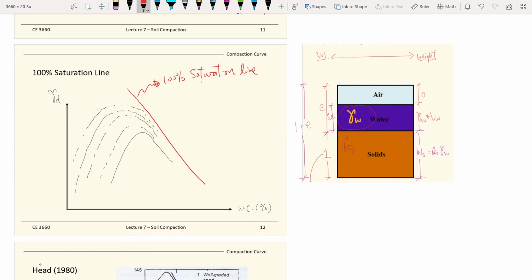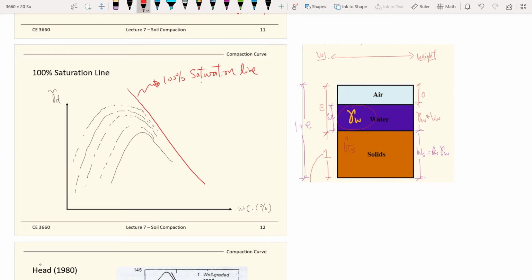Theoretically, if you keep compacting a soil, the soil samples or the soils in the field, you will keep getting close to 100% saturation, but you're never able to achieve 100% saturation. Why? Because think about the fundamental definition of soil compaction: it is the reduction of the air volume.